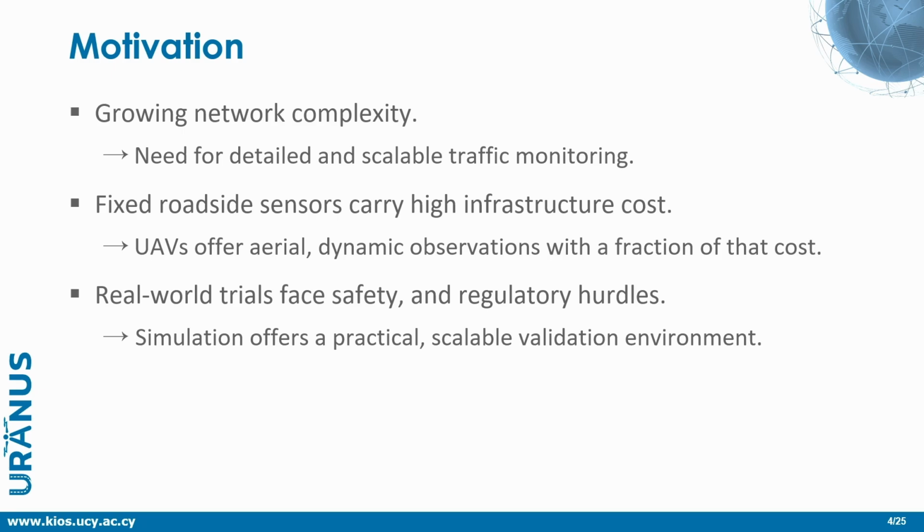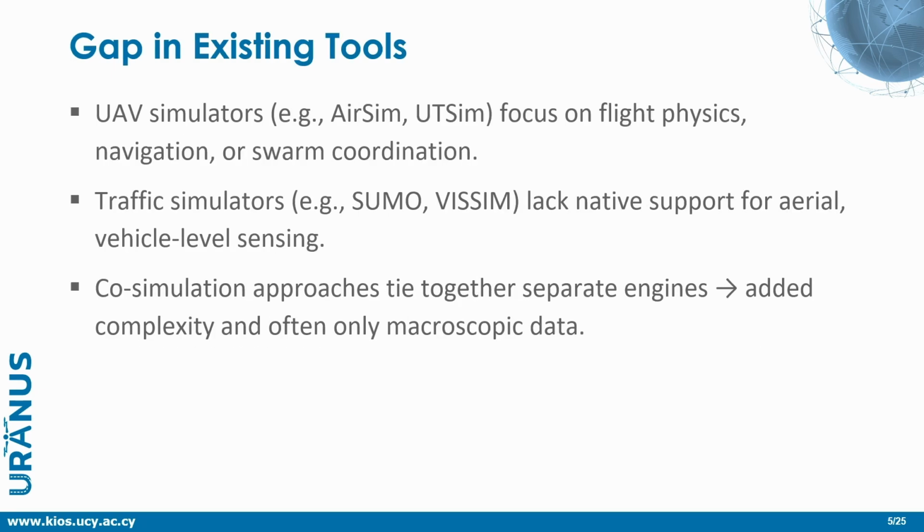And we tried to use this plugin as an evaluation platform to have a better real-life test and an evaluation testbed for that. The gaps we found in literature: we found a rich ecosystem of UAV simulators, but they mainly focus on flight physics, navigation, and even some swarm coordination, multiple UAVs in a network. And from the part of traffic simulators, we don't have explicit support for aerial or vehicle-level sensing.